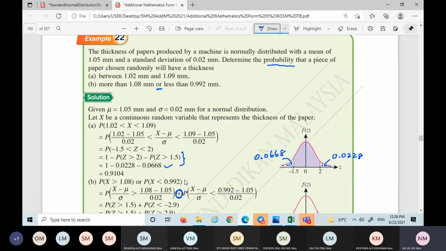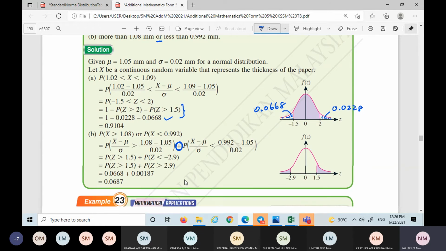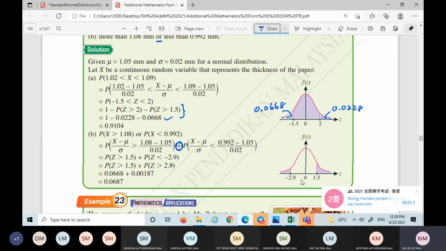Next step is change to z-score, then you will have this. Then same thing, you just sketch the graph. One is bigger than 1.5, the other side is smaller than negative 2.9. This one no problem, same thing, you read from the table. For both you read the right tail, you read for 1.5 and for 2.9. Then just add them because you are adding the areas. So this is the answer.